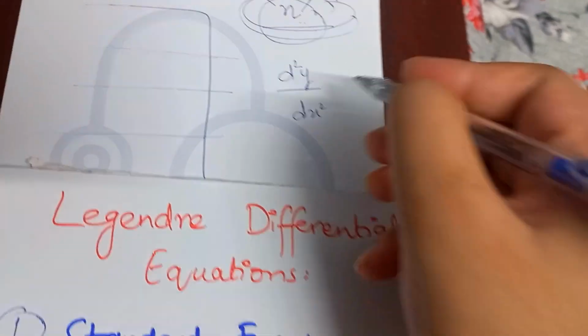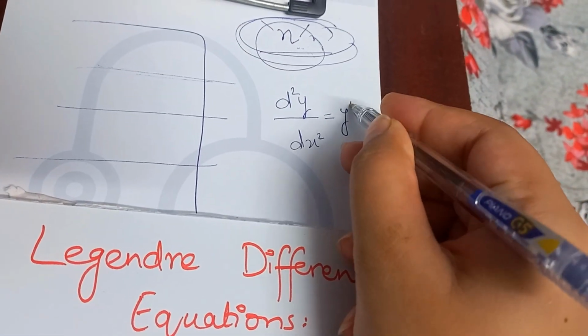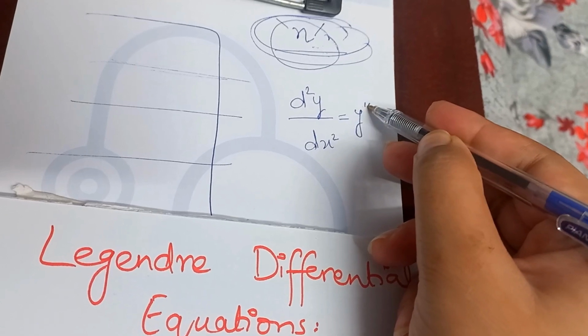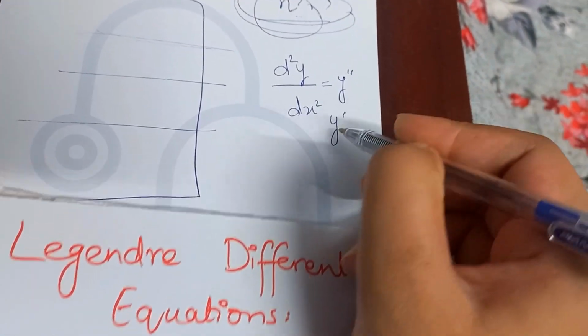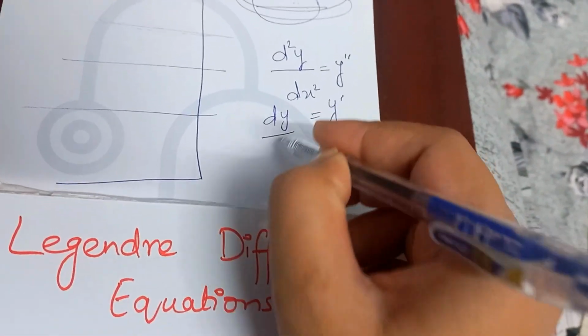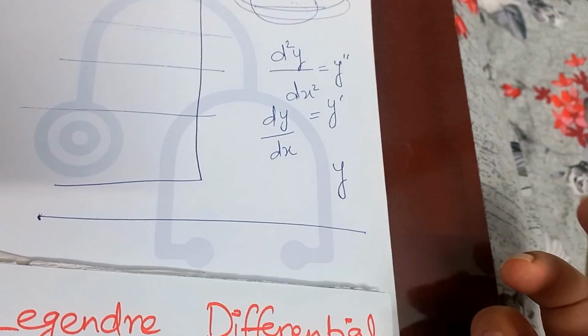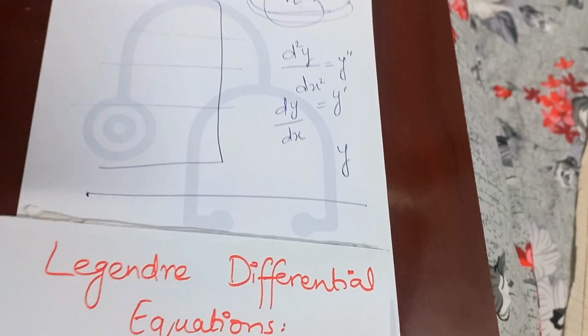We are expressing it with the prime sign. Two prime signs mean it's a double derivative, one prime sign means it's a single derivative, and no prime means it's no derivative, so it's simply y, the variable.